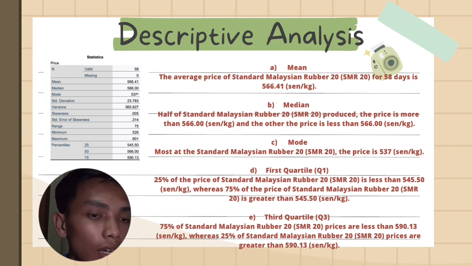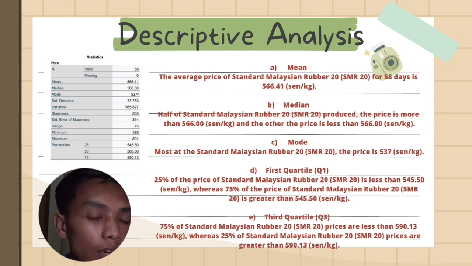The next is mode. The mode is the value that appears most frequently in the data. In this data, the most frequent price for SMR20 is 537 cents per kilo.